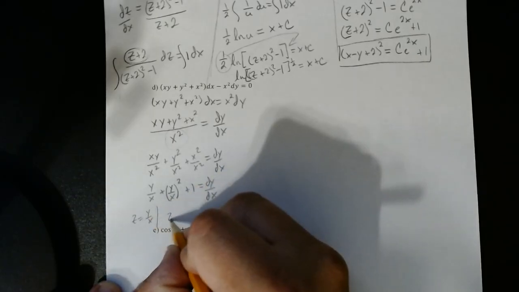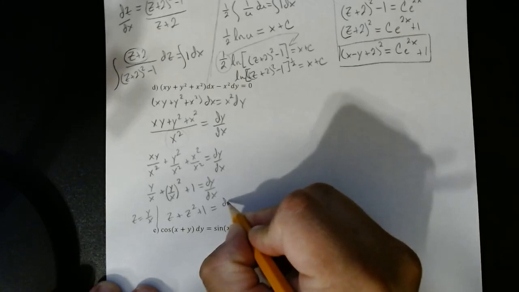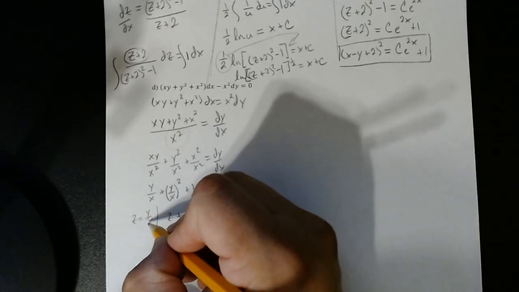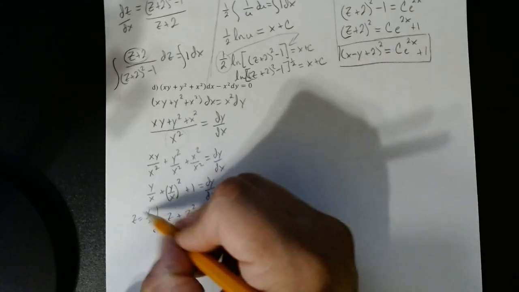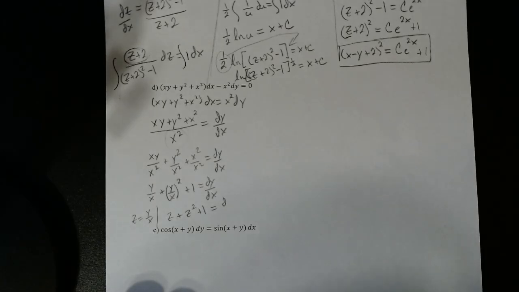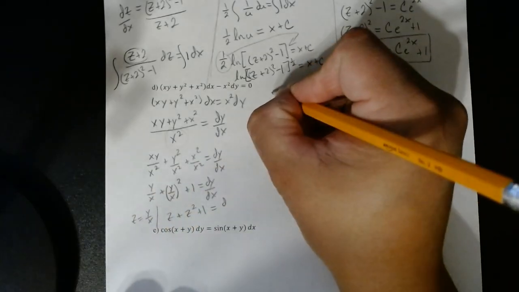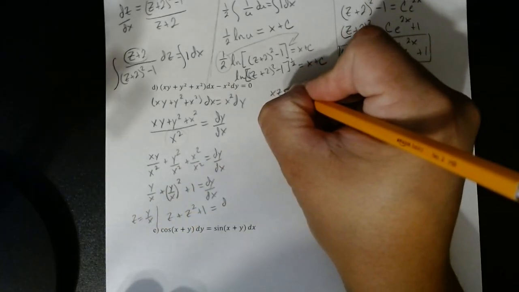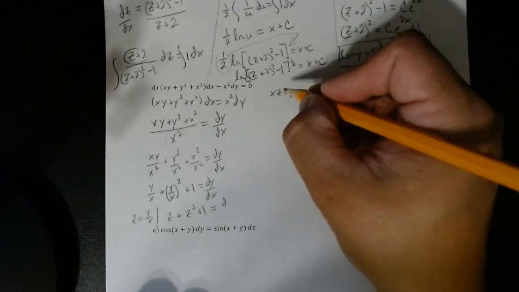So we get z plus z squared plus 1 equals, oh, now we've got to figure out what this is. So why don't we just quickly multiply this over. I really don't want to take the derivative of this mess over here. Yeah, let's do that first. So let me put that over here. Multiply both sides by x. And now take the derivative with respect to x.